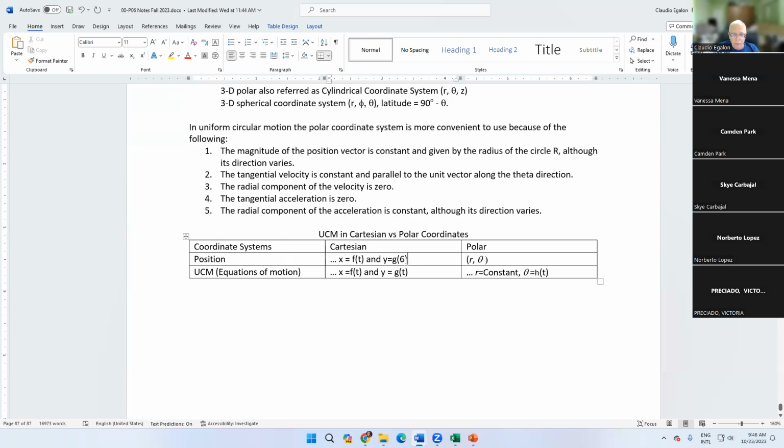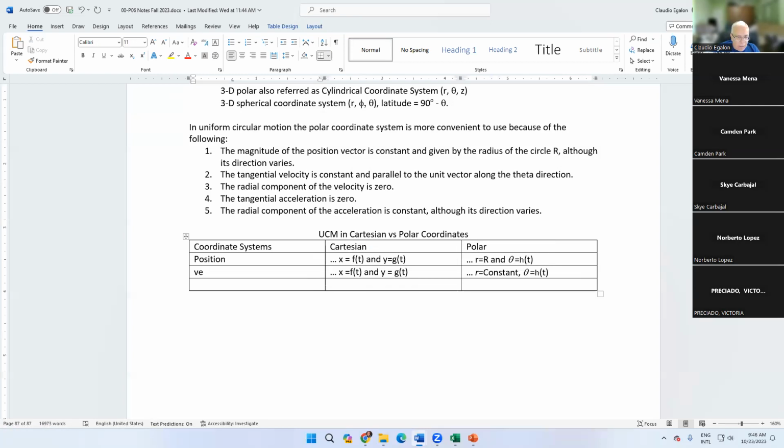In polar coordinates, r and theta, where r is constant and theta is a function of t.